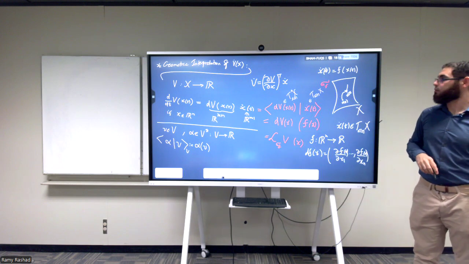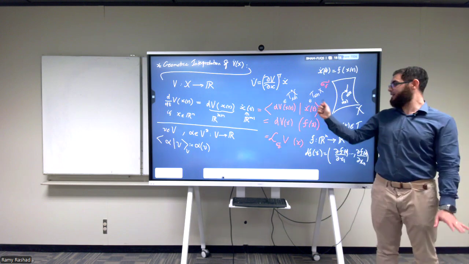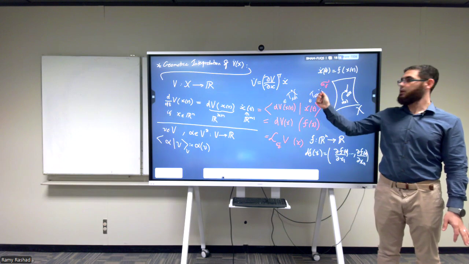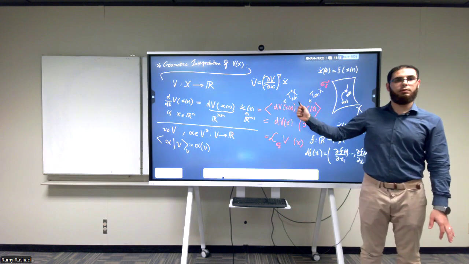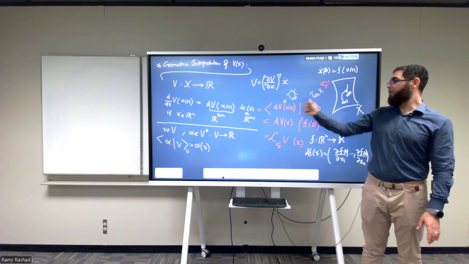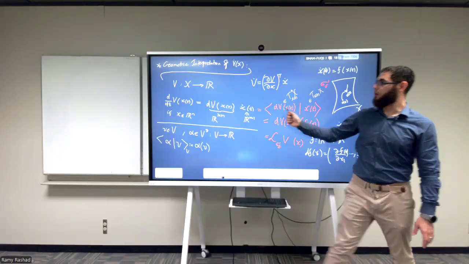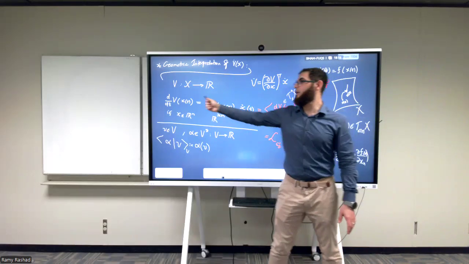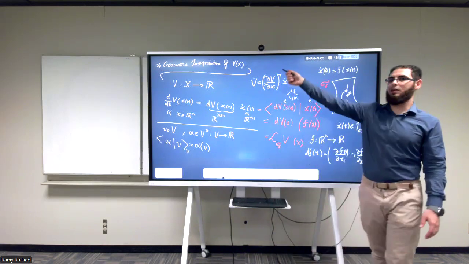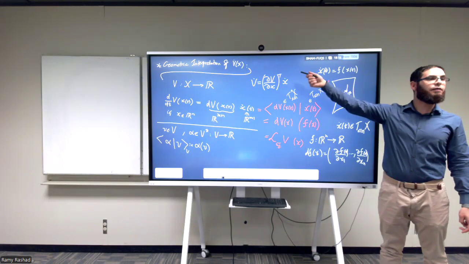You agree? So you're familiar that x dot lives in this space. So whatever will be paired with it will be in the dual. And if I know how to pair them together, okay, I can calculate the V dot. So again, everything we talked about here is how do we calculate the V dot?